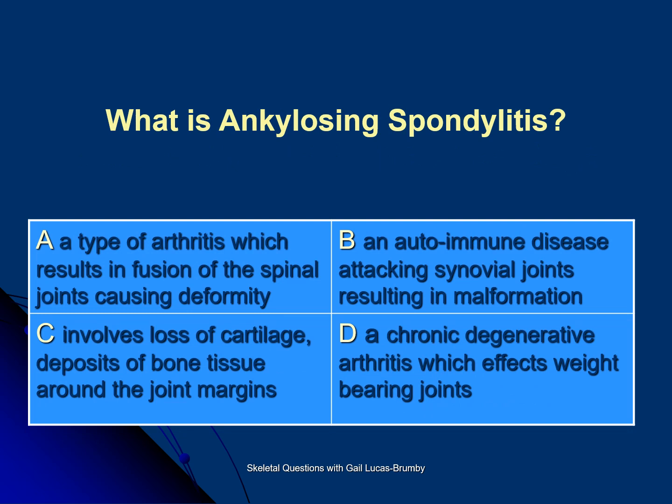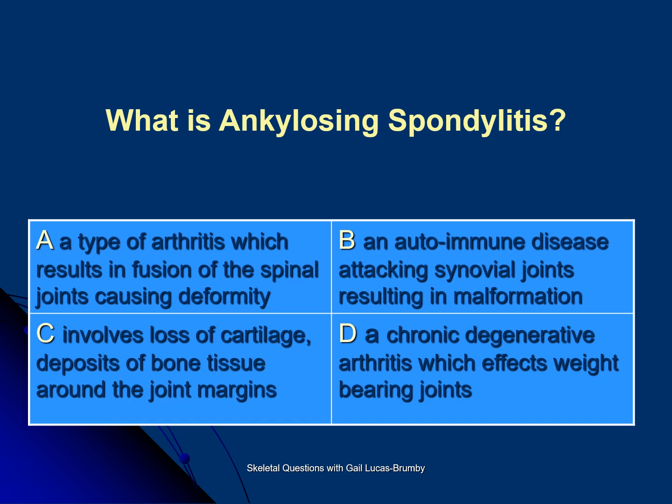What is ankylosing spondylitis? Is it A, a type of arthritis which results in fusion of the spinal joints causing deformity? Is it B, an autoimmune disease attacking synovial joints resulting in malformation? Is it C, involved in loss of cartilage, deposits of bone tissue around the joint margins?